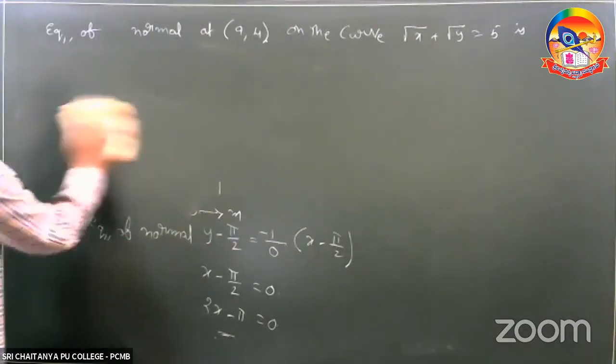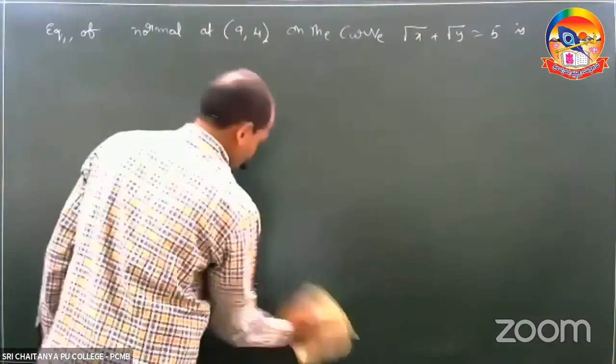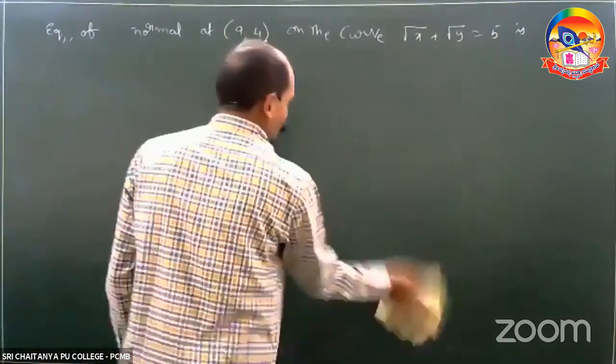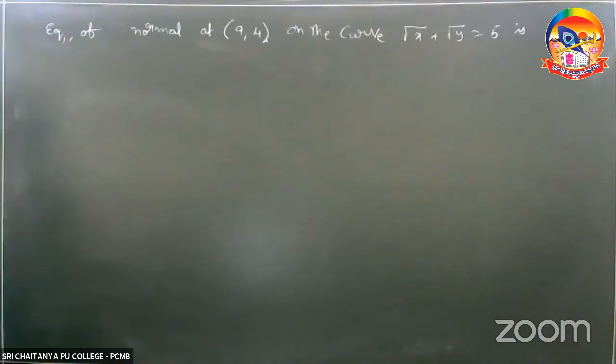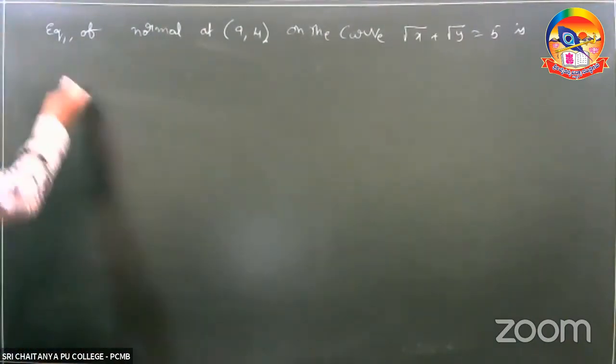Find the equation of the normal to the curve root x plus root y is equal to 5 at the point 9, 4.